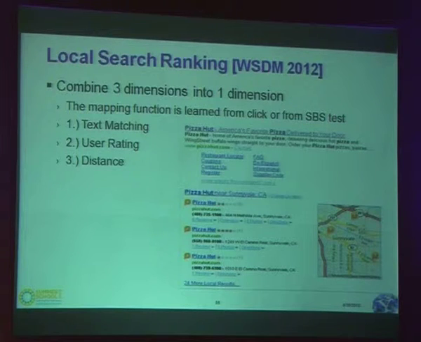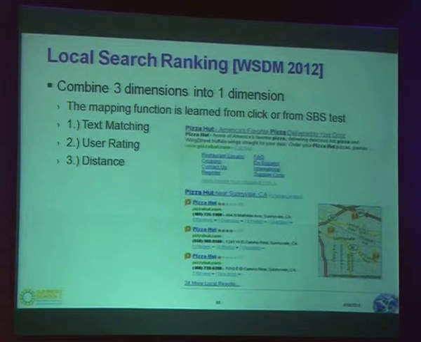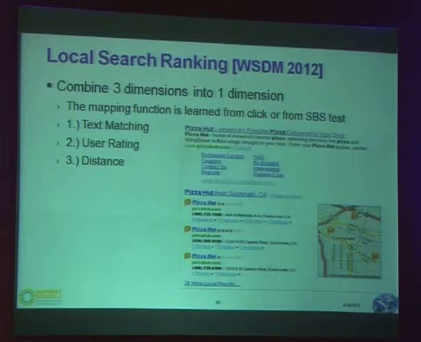And this type of distance is also query dependent. For example, if I search for a restaurant, maybe I want to search within 5 kilometers around. But if I want to search for something like a car dealership, because different dealerships have big differences in terms of price, I can afford to go 50 kilometers to a different dealership. So distance is also a very important factor.